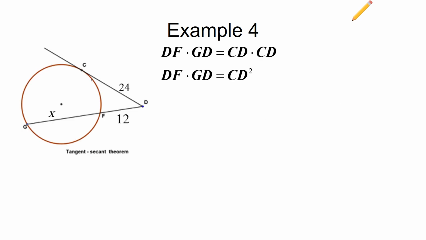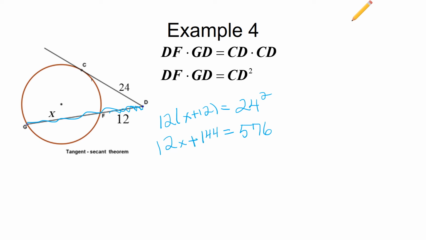And for my last example, we're going to do this one again. We have the external piece, 12, times the whole piece, which is D to G. That's going to be x plus 12 is equal to 24 squared. So 24 squared is 576. And then 12 times x is 12x, and then 12 times 12 is 144.